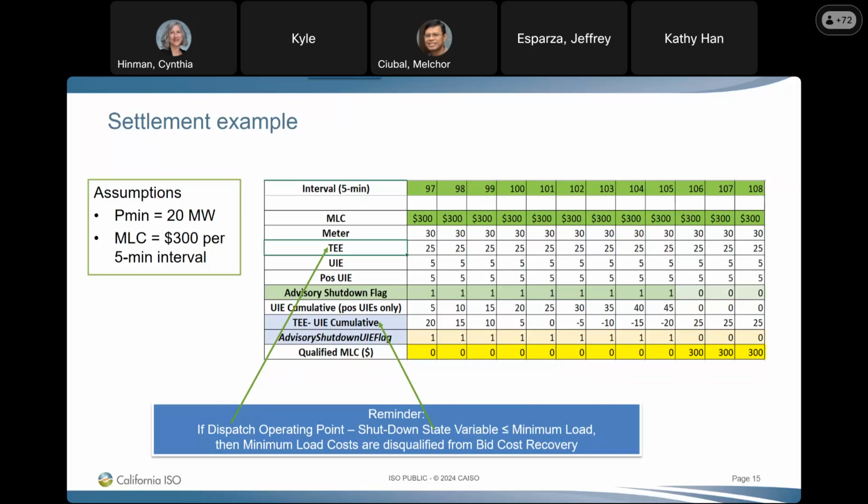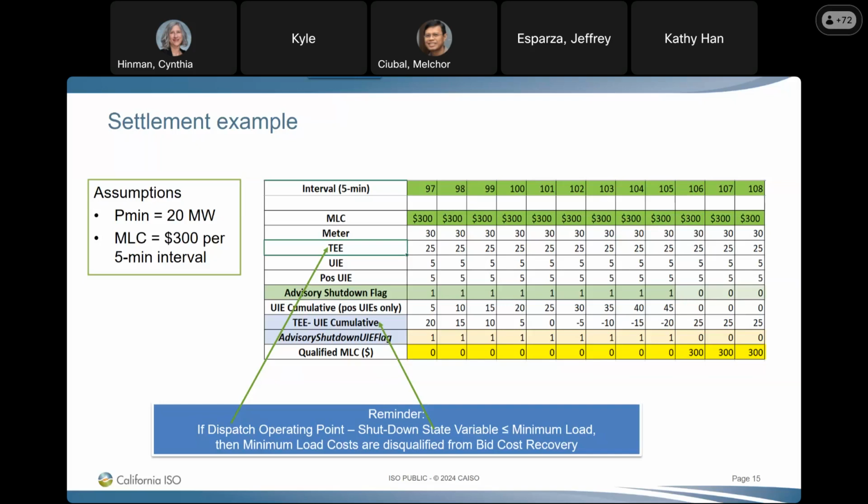Okay, so in this example, if the meter was 25 and there was no UIE, then this resource would be qualified for the MLC. Yeah, more likely. Okay, now you changed your example. Your example had the UIE at 0, right? So maybe we need to change this example. The UIE in the first interval, 97, is probably 5, or maybe 3, I have to make it smaller.